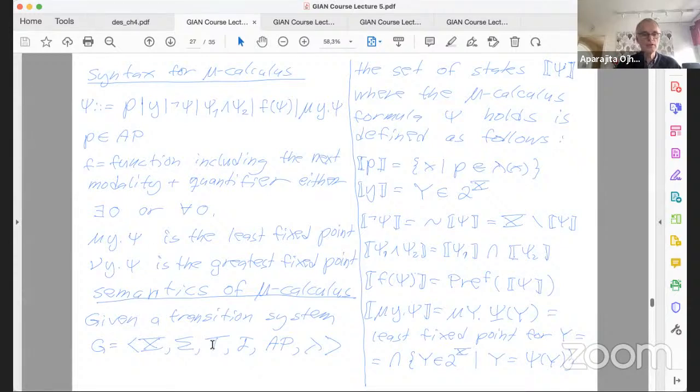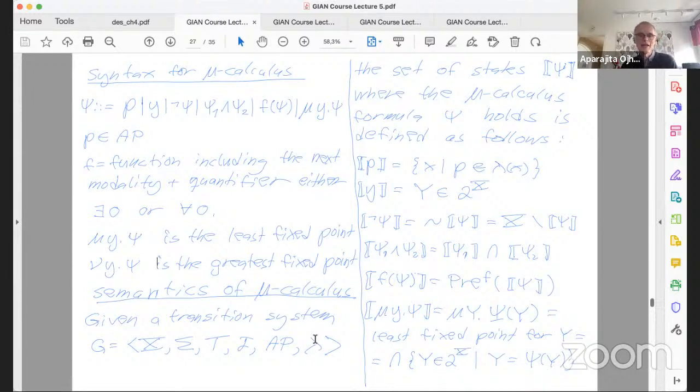Otherwise, it's more or less the same. Capital sigma is the set of events or actions. T is the transition. I is the set of initial states. AP is the set of atomic propositions, P, Q, R. And lambda is the labeling function.